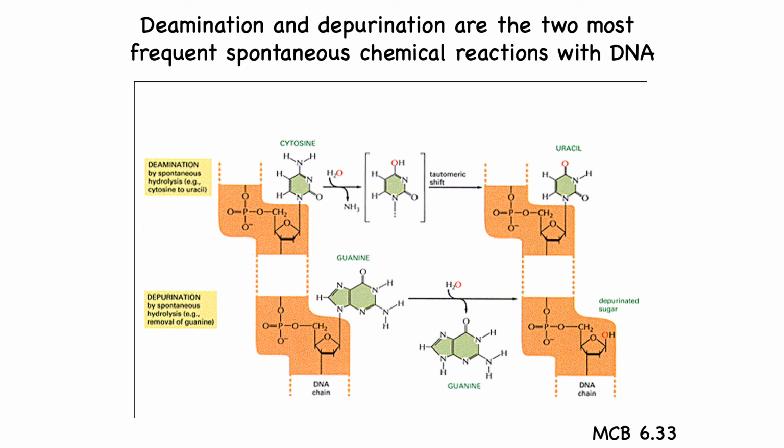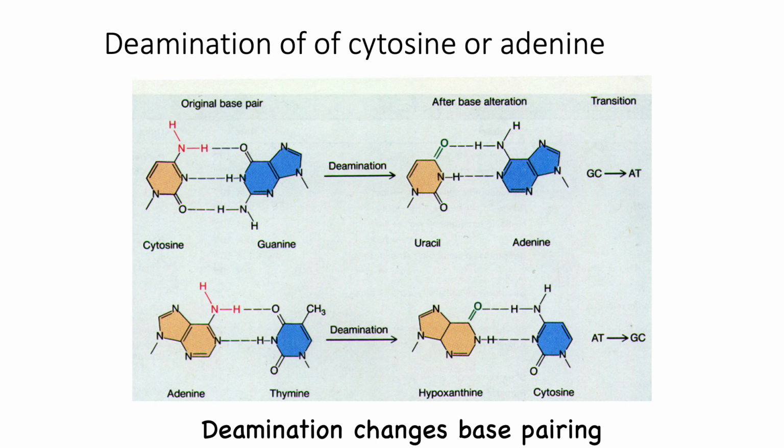So when DNA polymerase goes through to use this as a template, there'll be no base to put the complement into, so it will just have to pick one. So again, this is showing the conversion of cytosine back to uracil and the changing in the base pairing.